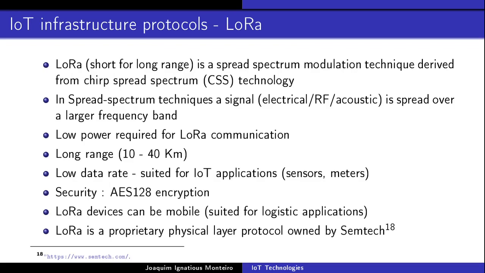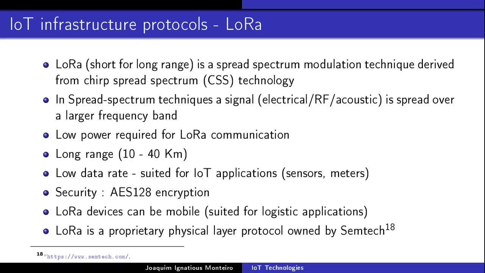Spread spectrum, what it does is that you have, for instance, your voice signal or your electrical signal. This is spread over the entire available frequency bandwidth. So that's the basic thing. It was a military grade technology, and it has been commercialized. It has been released into the public domain.